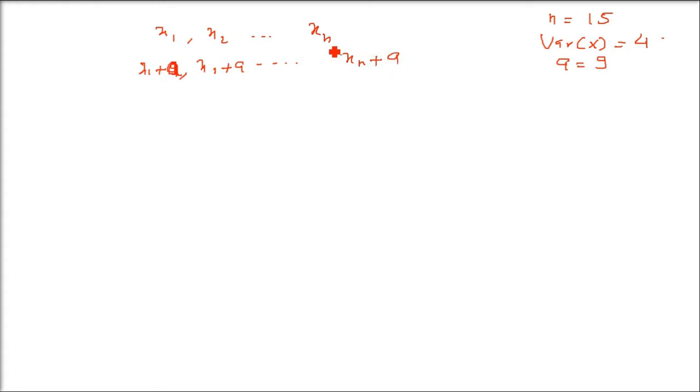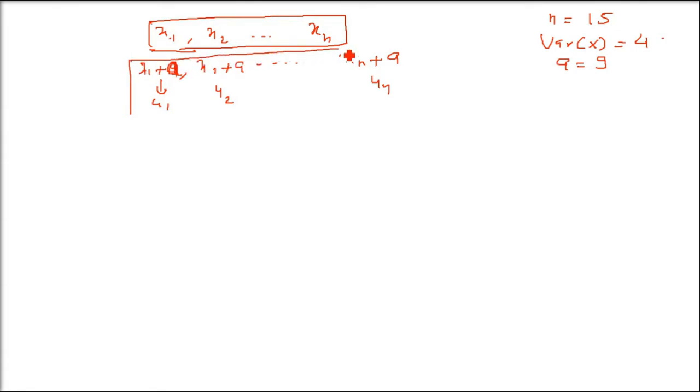We are just saying a, we are not writing 9. So x1 plus a, x2 plus a, xn plus a. Rather than writing x1 plus a like this, name it as u1, u2. So this is your first list. This is your another list, which you are calling u1, u2 till un.